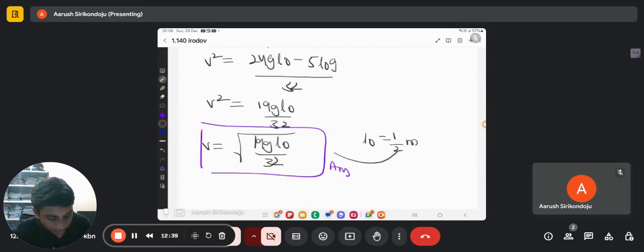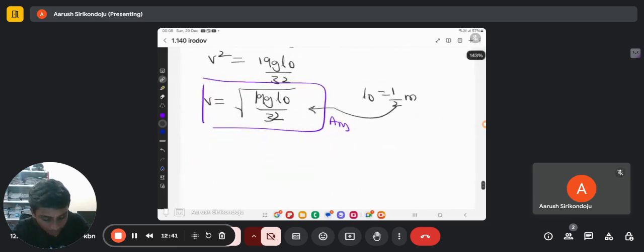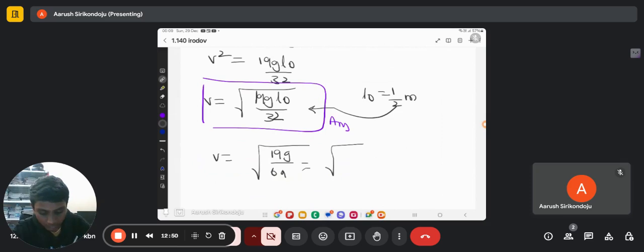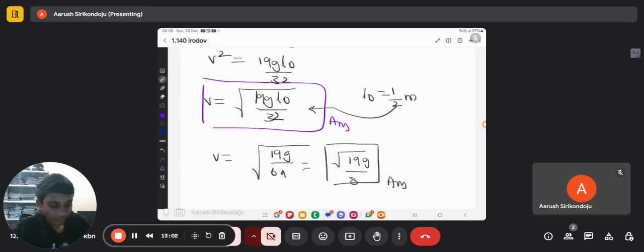If we substitute that in there, we get V is equals to root over 19G by 64, which is equals to root 19G upon 8. Either of the answers are correct.